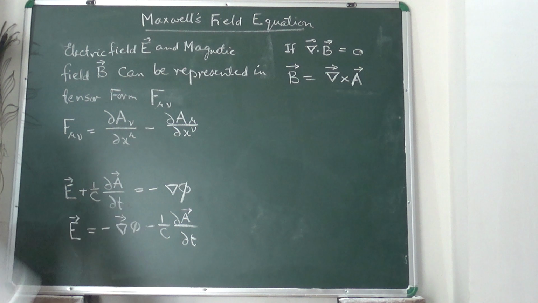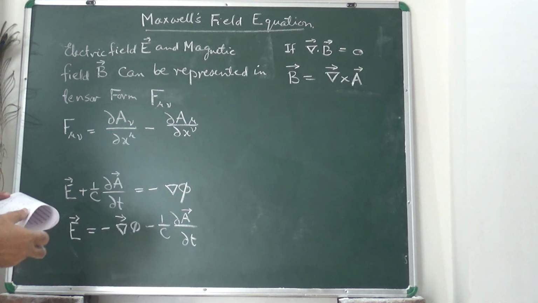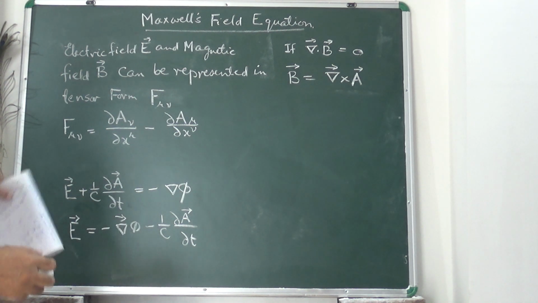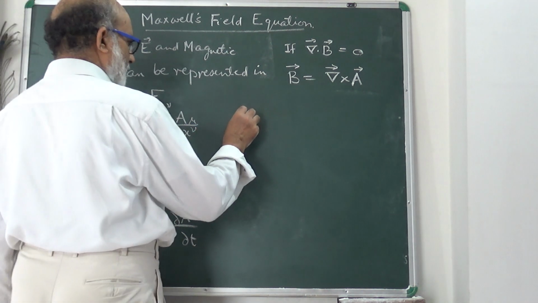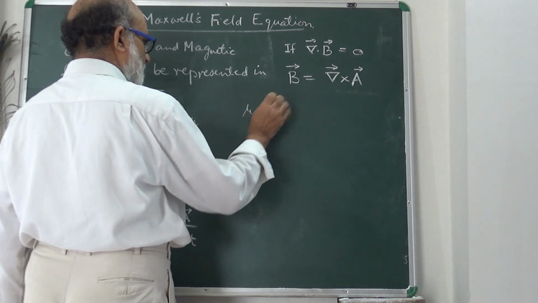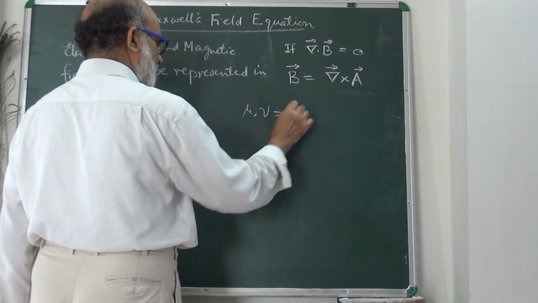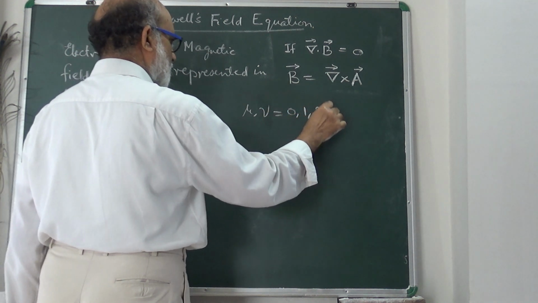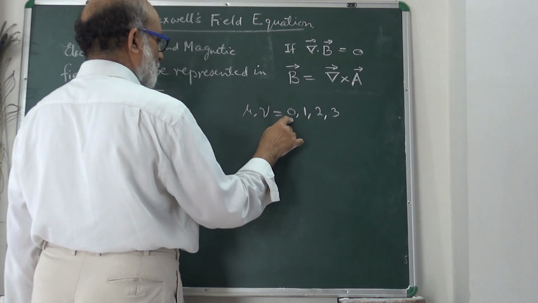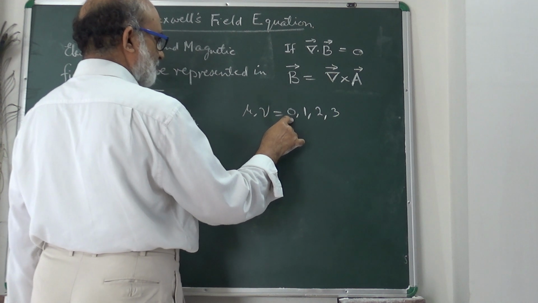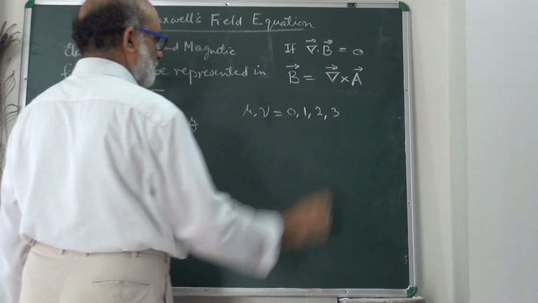This is F, where mu and nu are indices that have values from 0, 1, 2, 3. 0 corresponds to the time component and the others to the x, y, z components respectively.